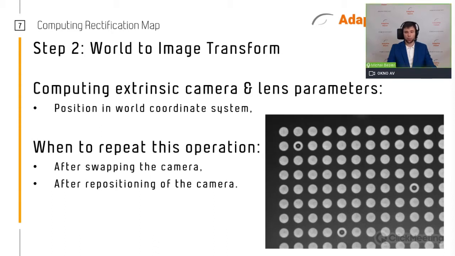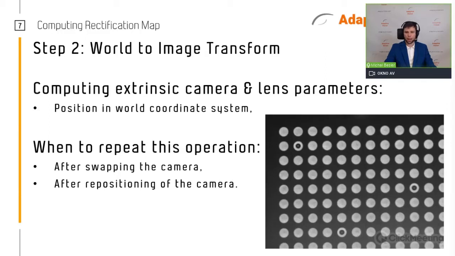We can do it in two ways depending on our application. For gauging applications like ours, we'll specify the distance between the centers of the dots. However, for robot guidance applications, we should use a robot arm to precisely navigate to the characteristic points of our calibration grid and provide those world coordinates in our editor.